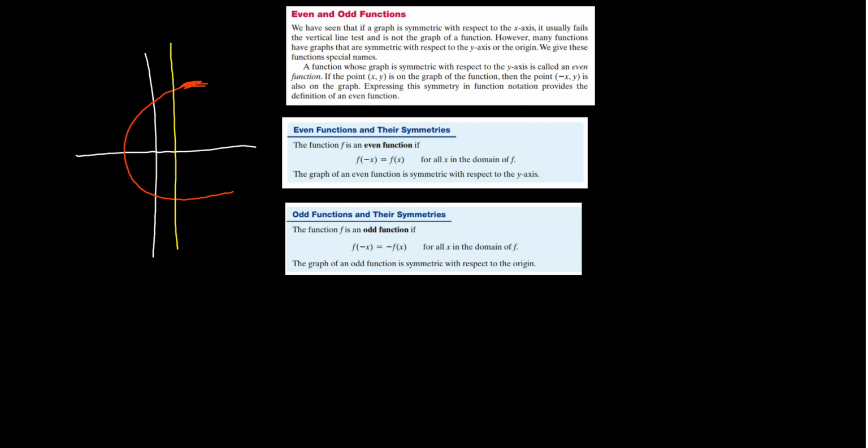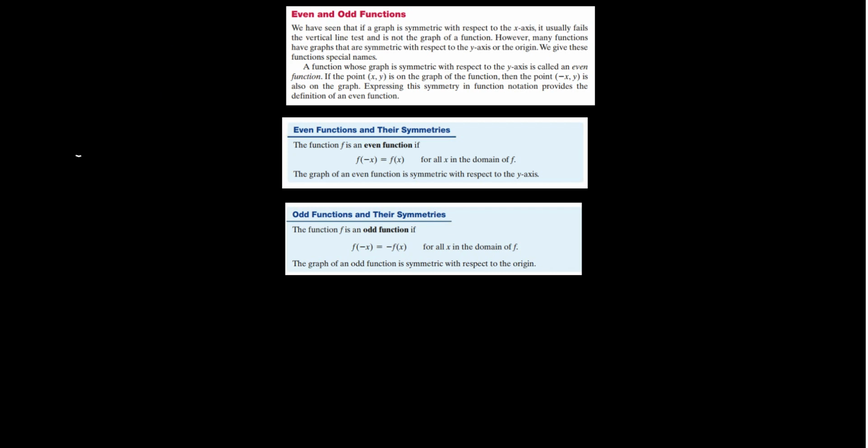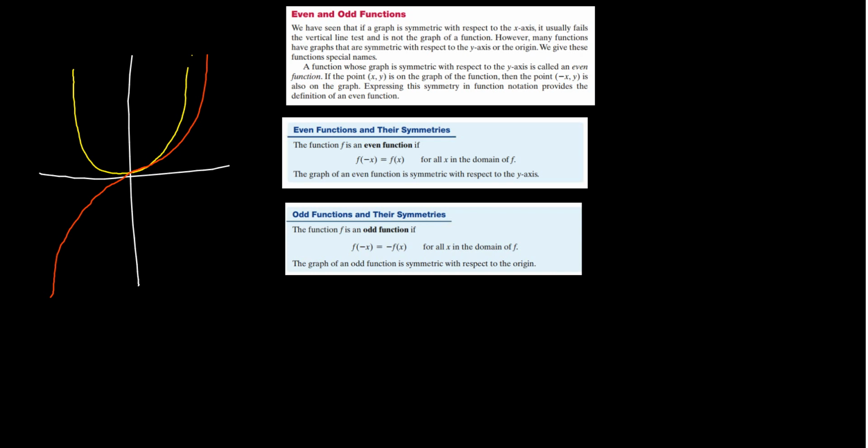So again, we're talking about functions, so we're only concerned with functions that are symmetric about the y-axis, or only symmetric about the origin. If we're symmetric about the y-axis, we call that an even function. And if we're symmetric about the origin, we call that an odd function.